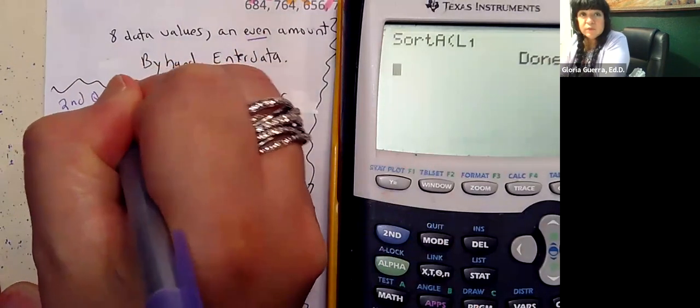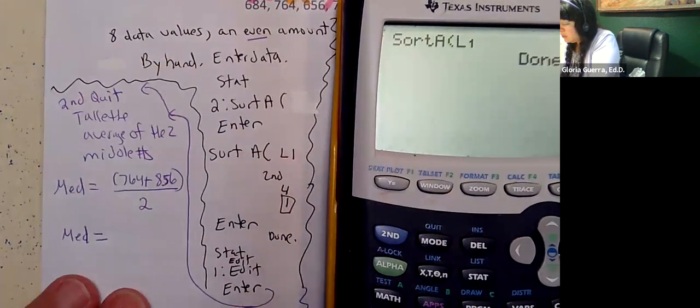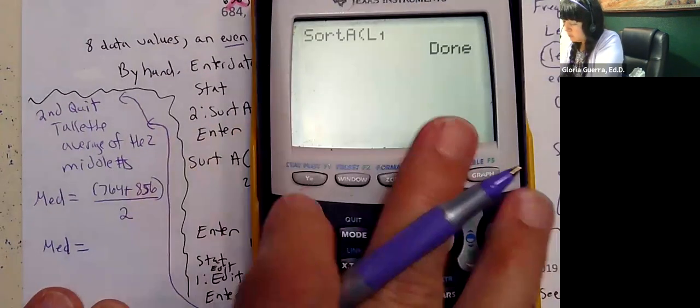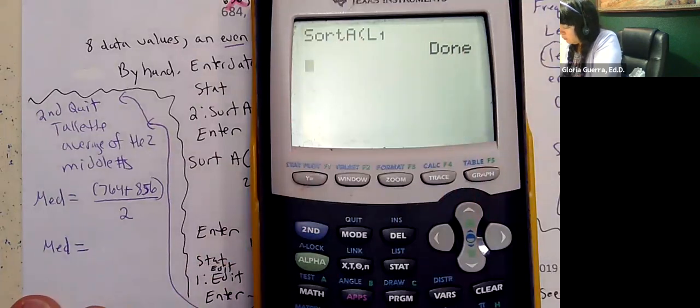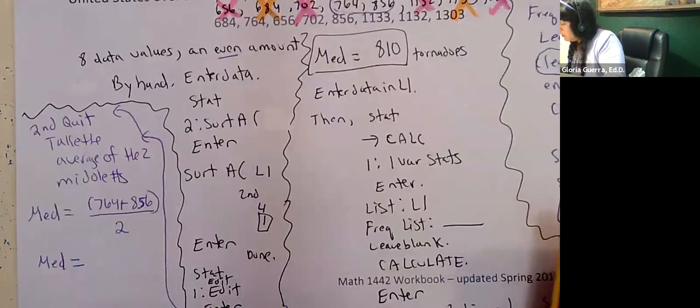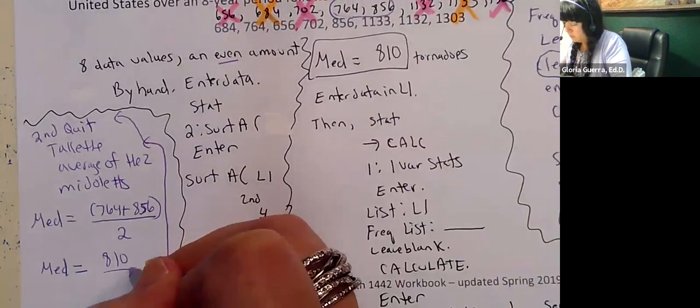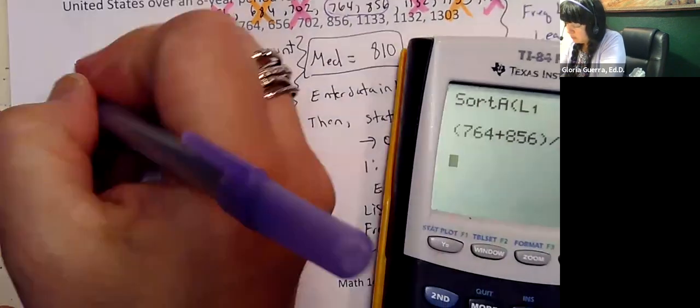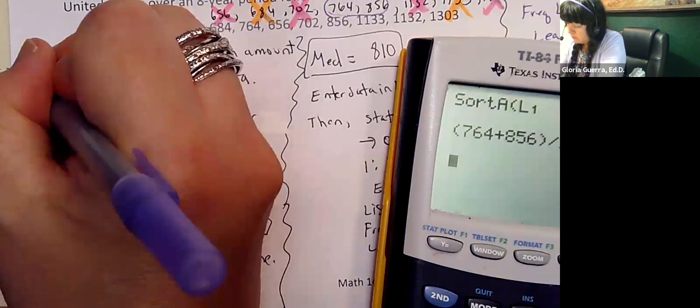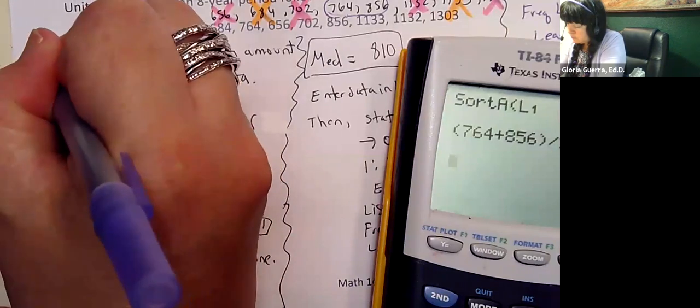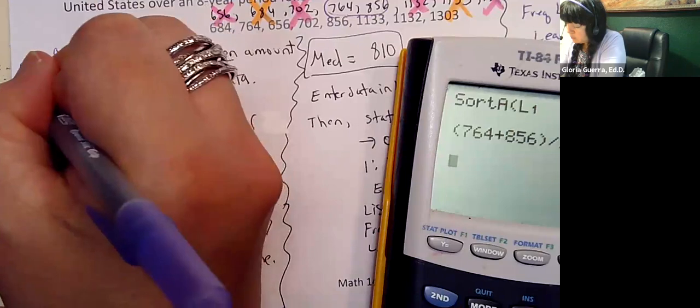When I did a second quit, that gave me a clear screen, and I'm going to do open parentheses 764 plus 856 close parentheses divided by 2. And it should give me what the calculator said. Remember, we're just checking. See, 810. But it does work. Second quit gives a clear screen.